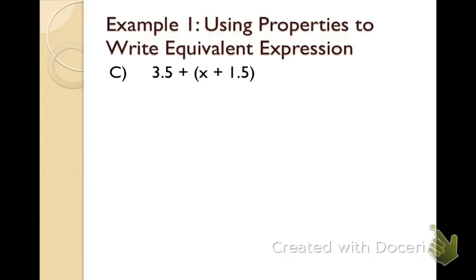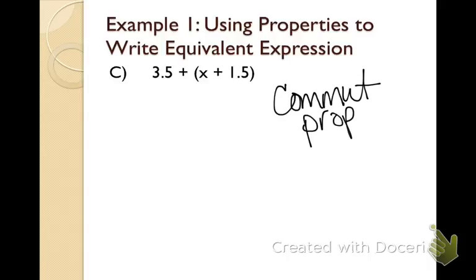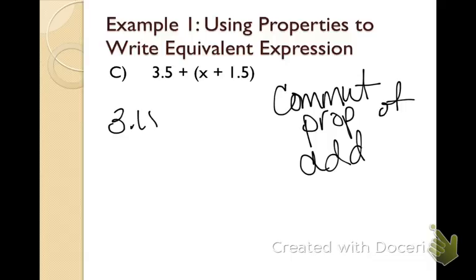Okay, so here again I have some numbers, but they're not next to each other, so I should first move them around. I'm going to use the commutative property, abbreviated prop, of addition. I'm going to move things around. So I'm going to say 3.5 plus 1.5 plus x.